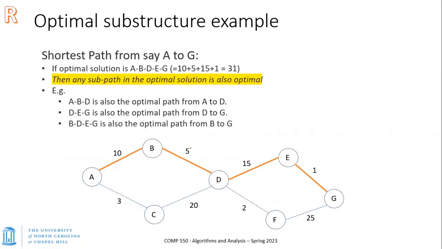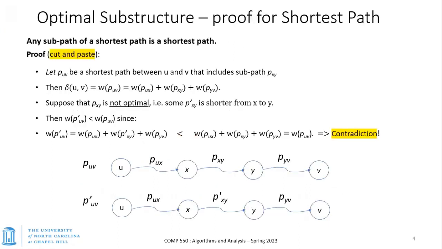And earlier we had said that if you had an optimal solution going from A, B, D, E, G, which was shown earlier in the tan line, any subpath in the optimal solution is also optimal, which is essentially a reiteration of the optimal substructure property. So let's take a quick look at a slightly more formal proof of that.